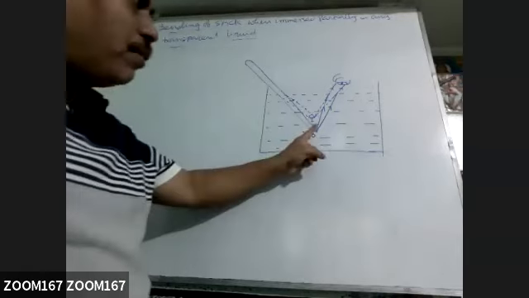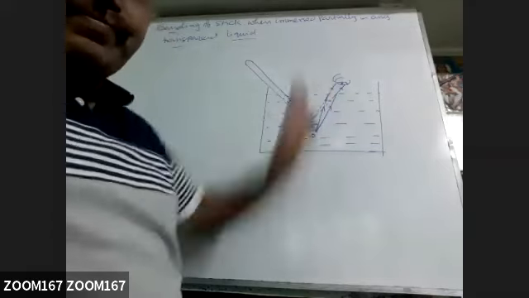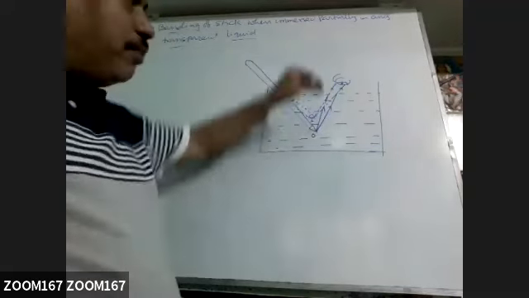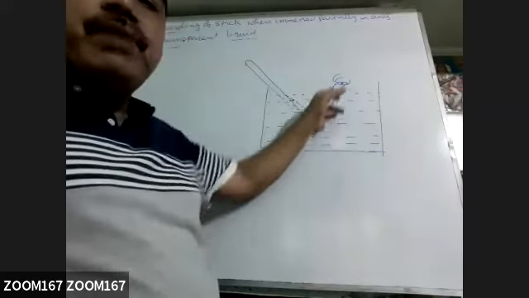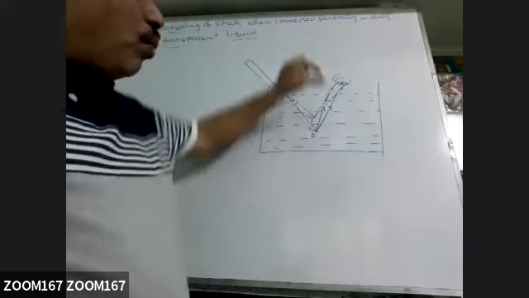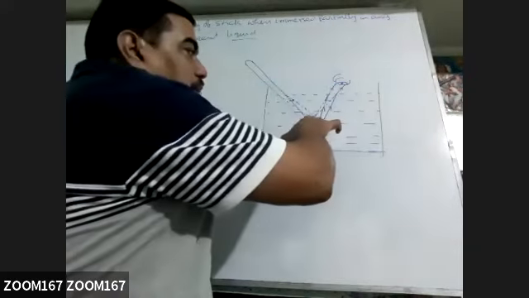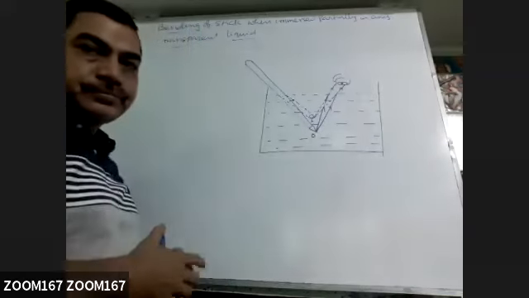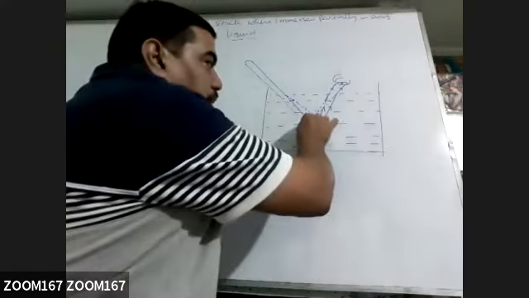So while going from water to air, the ray has bent. But we will not be able to observe these bent rays. What we will feel is that the ray is coming from this point. That's why the image of this one will appear somewhere here.